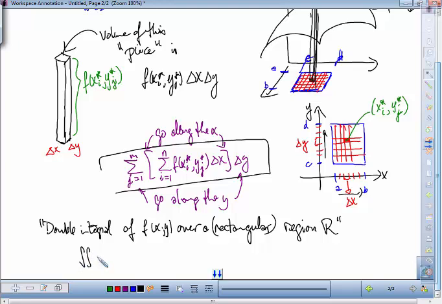It's a double integral of f over R. Initially they use a dA for the combination of the delta x and delta y put together. And so this is going to be our notation for a double integral.